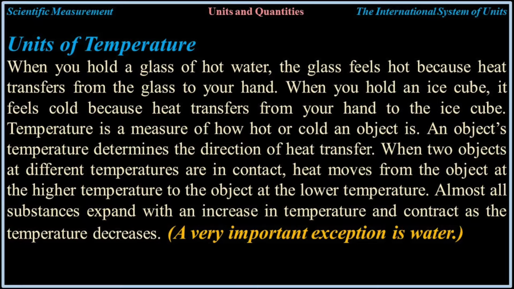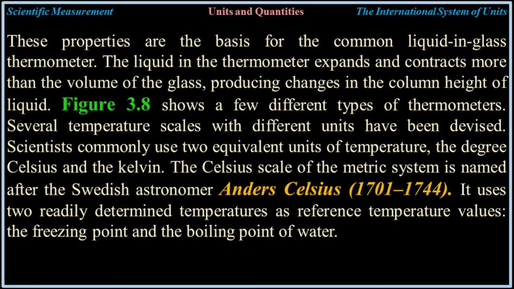Almost all substances expand with an increase in temperature and contract as temperature decreases. A very important exception is water, which expands between 4 and 0 degrees Celsius. These properties are the basis for the common liquid in glass thermometer.